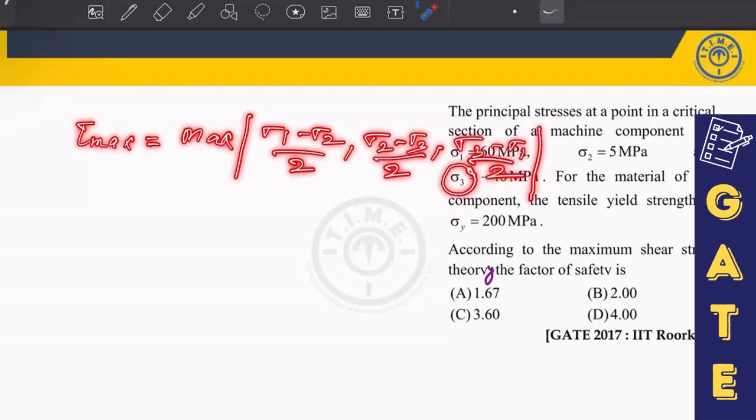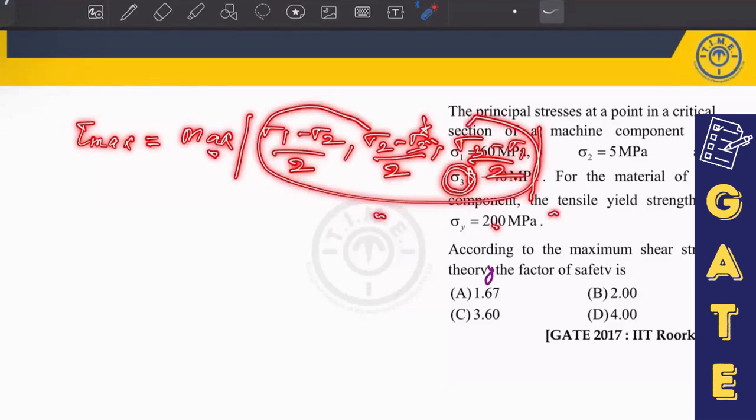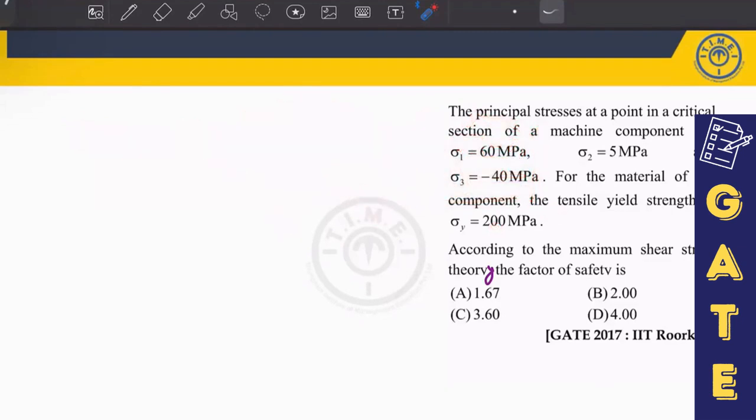In this particular problem, they have given sigma 3. But in the previous problem, that was a biaxial state of stress, so sigma 3 is 0. Now you will calculate this value, whatever the largest value is, and then equate it with the failure stress divided by factor of safety.